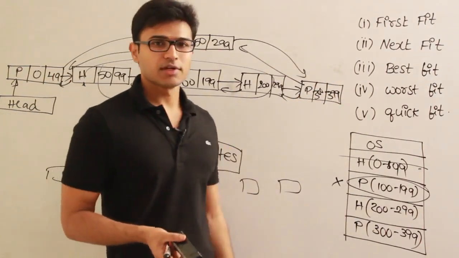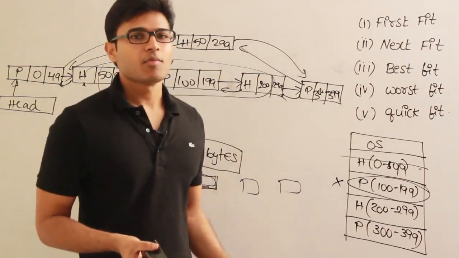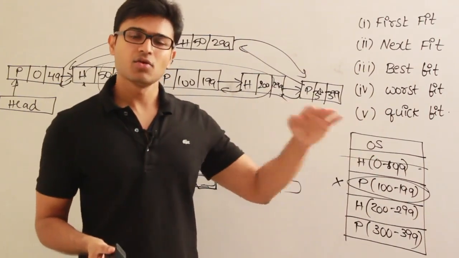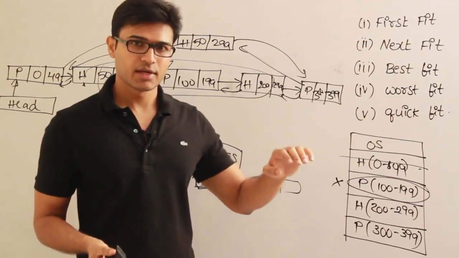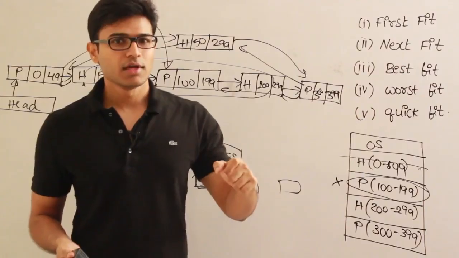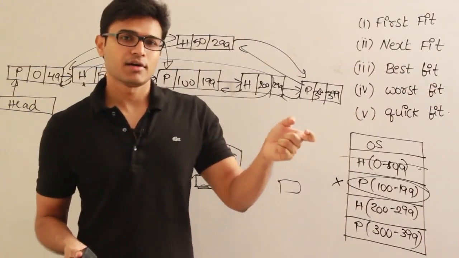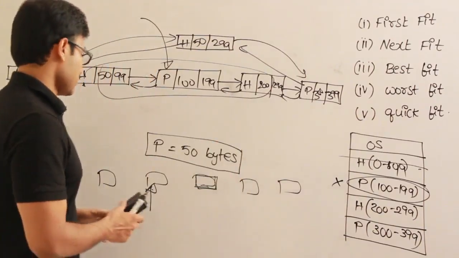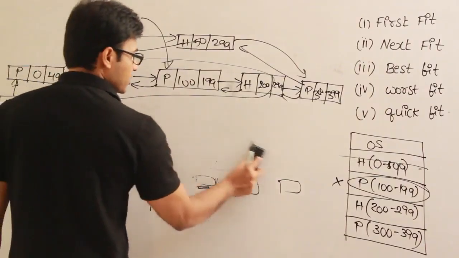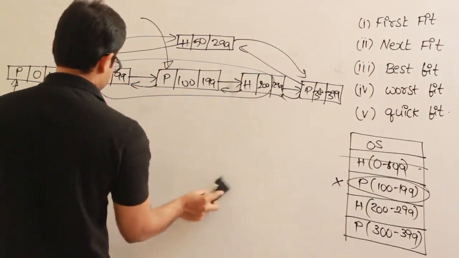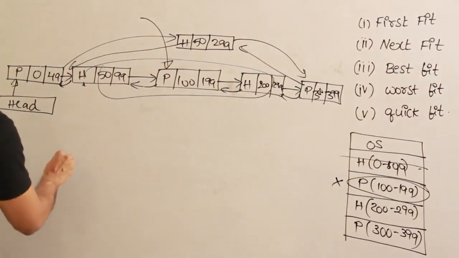And the next one is best fit. Best fit means that among all the holes present, you find the smallest hole which can accommodate the process. Assume I have many holes in my list like this.